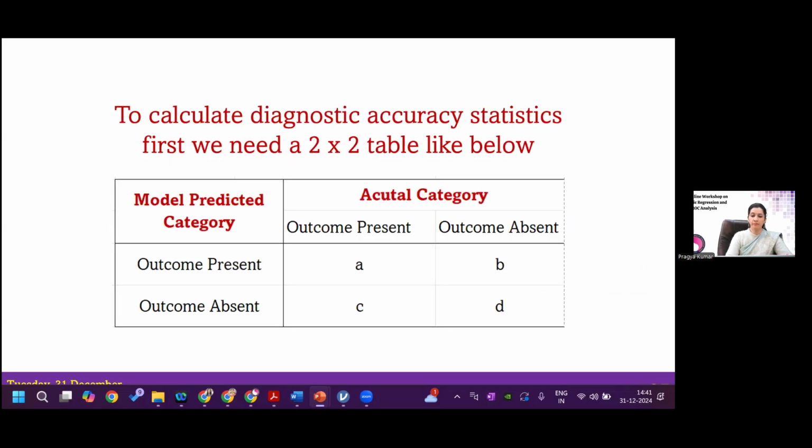One very important thing is that for calculating any diagnostic accuracy statistics, you need a 2 by 2 table at each cutoff.